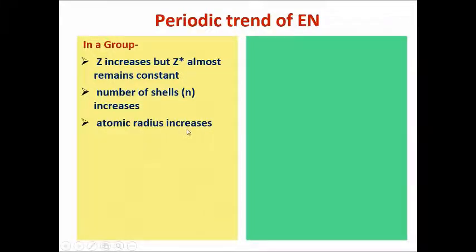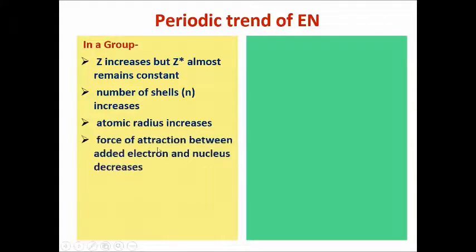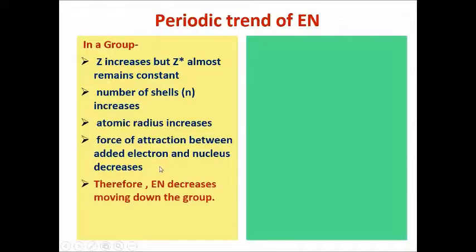Atomic radius, that's why, increases. The force of attraction between the added electron and the nucleus decreases. And therefore, we can say electronegativity decreases down the group. So these are the reasons why electronegativity decreases down the group.